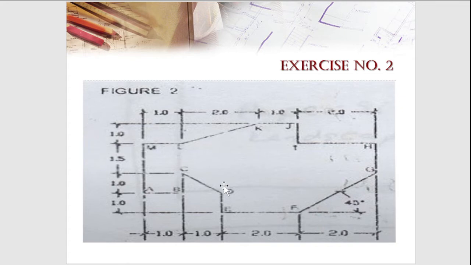So going to the right, ibig sabihin x plus 1. 7 plus 1, 8, and our y coordinate 16 minus, since we go down, minus 1 equals 15. So the coordinate now of our point D is 8, comma 15.